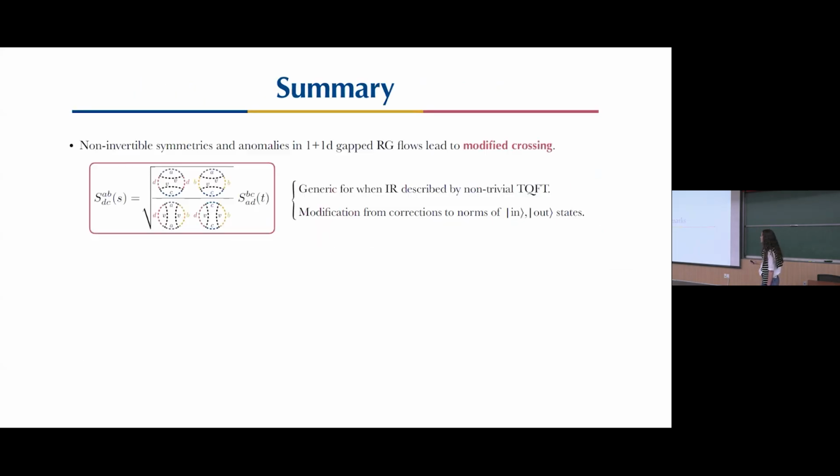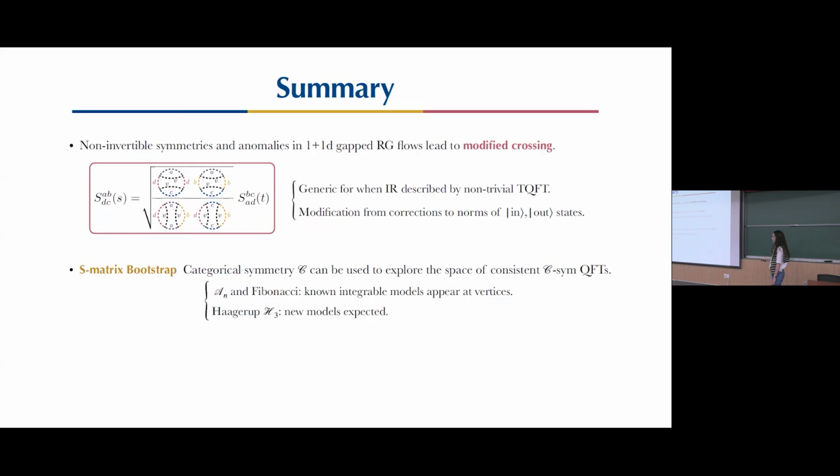Okay, we'll finalize with some summary. So I told you there were 2 punchlines. The first one is that non-invertible symmetries imply for this kink scattering that crossing should be modified in this way. And this is generic for when the IR is described by a non-trivial TQFT, and the modification arises from corrections to the in and out norms.